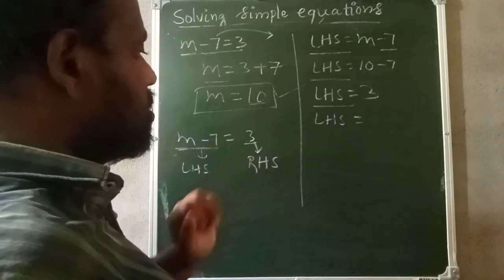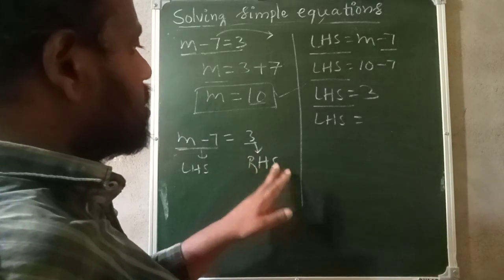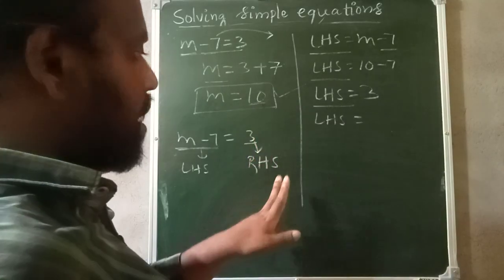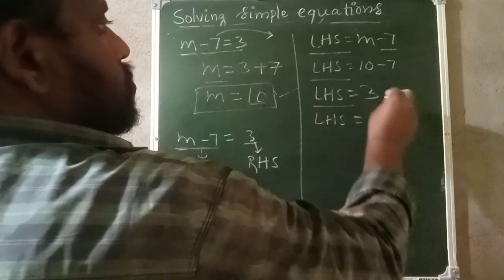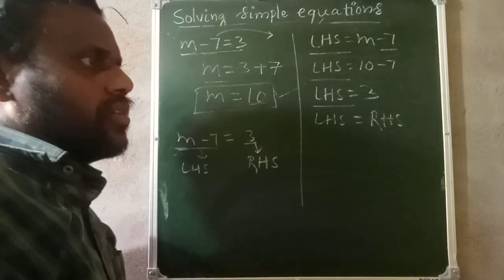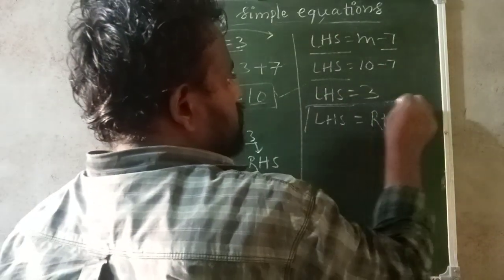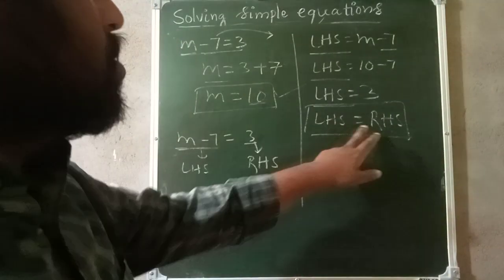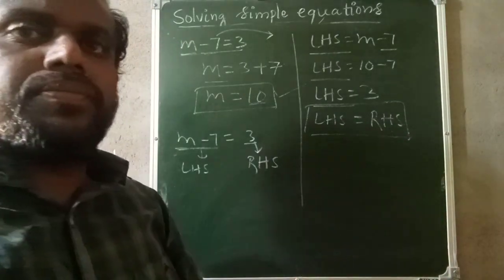So RHS is 3, and in place of 3 I will write RHS. So now we got LHS is equal to RHS.